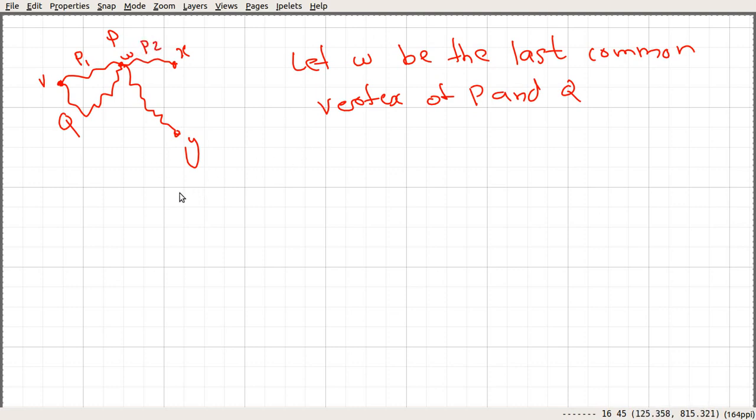Here the path P1 is this path from P to W, and P2 is nothing but the remaining thing, W to X. Easily we can see that P is nothing but P1 P2.